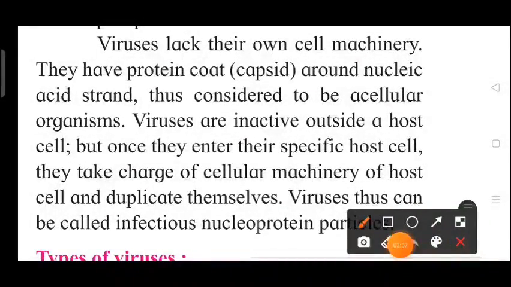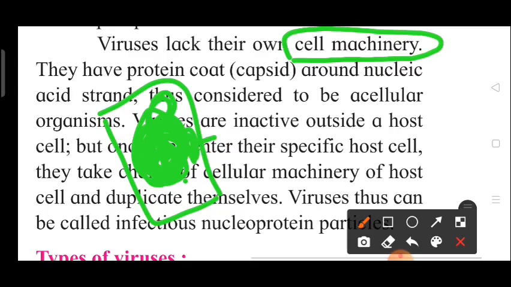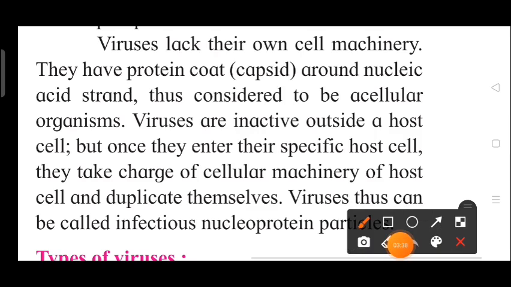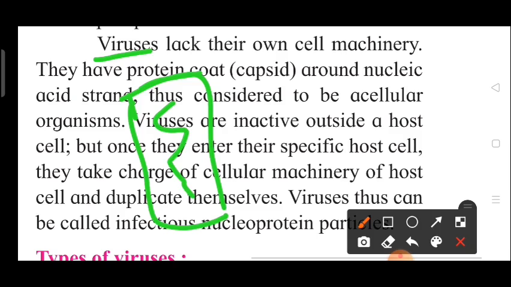Viruses lack their own cell machinery. A cell has different organelles by which it can produce different types of proteins or energy rich substances. But in case of virus, as we have already said, they have a protein coat and DNA or RNA as their genetic material, but they lack cell organelles.